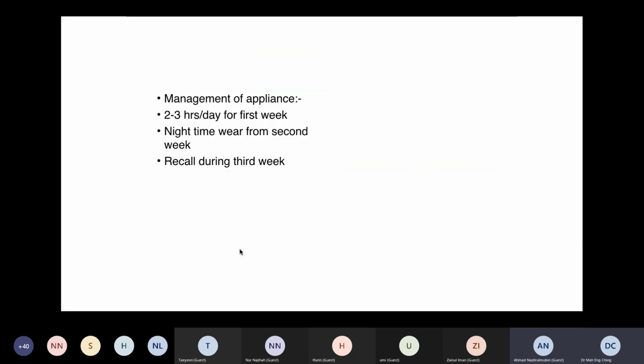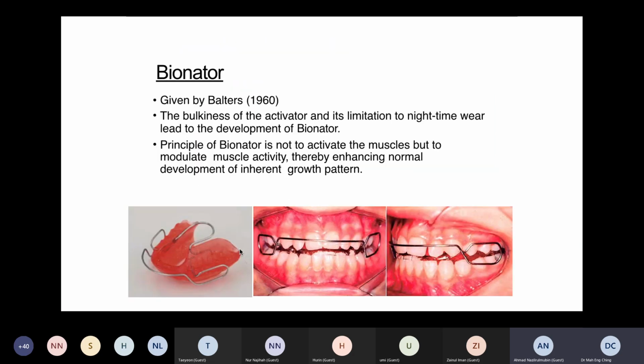Compared to this Bionator, you can wear it almost full time. So the principle of the Bionator is not only to activate the muscle, but to modulate the muscle activity, thereby enhancing the normal development of the inherent growth pattern. You see this Bionator, they not only position the lower jaw forward.